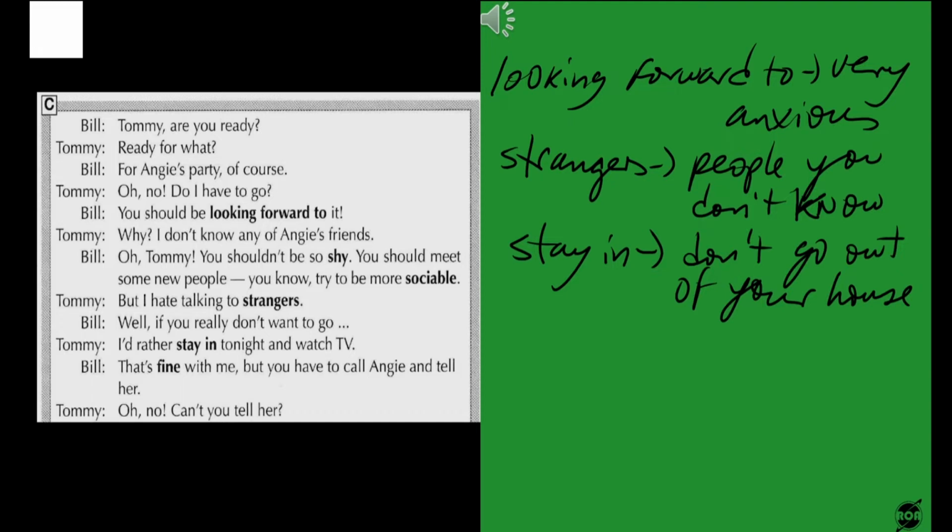Then he says that he is not anxious because he doesn't like talking to strangers. And strangers, who are strangers? People that you don't know, like the TV series Stranger Things. Then he says that he prefers to stay in. Stay in means that he prefers to stay home. Don't go out of your house, is to stay in.